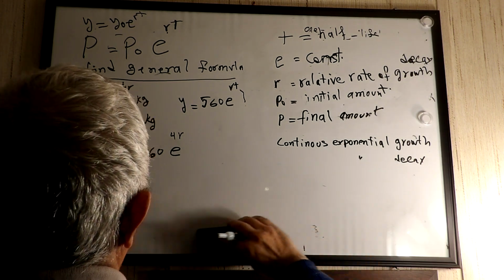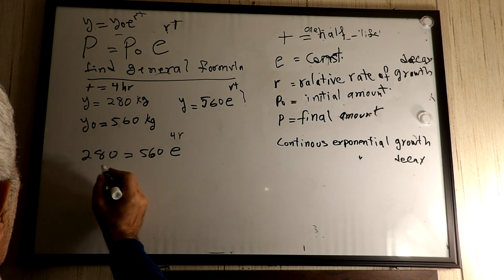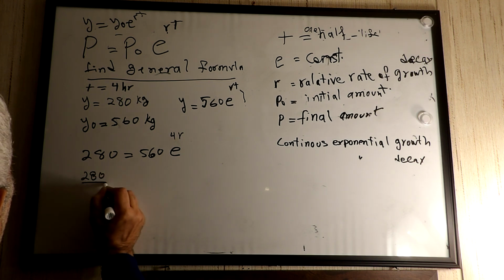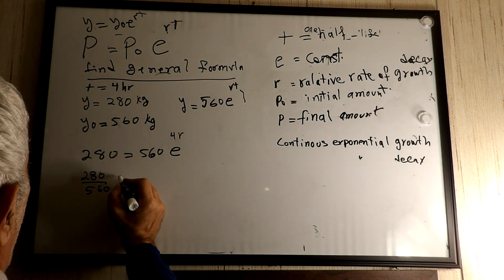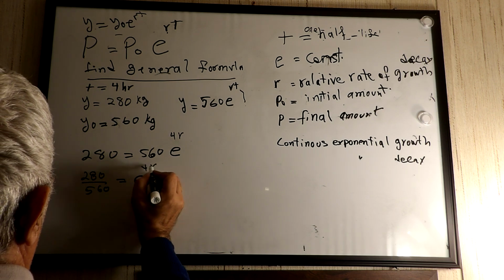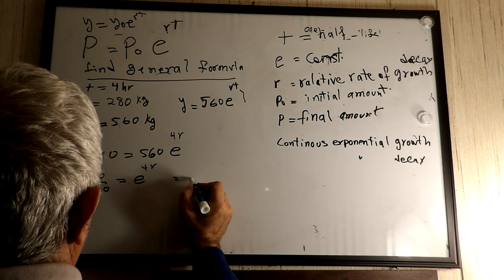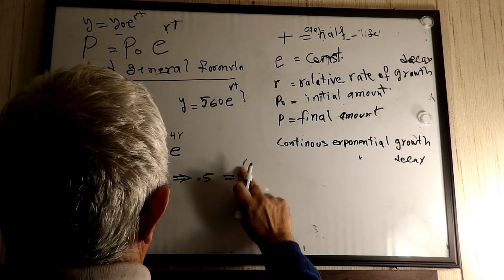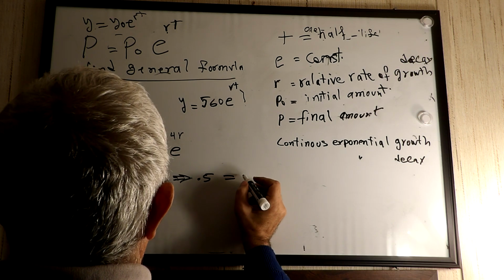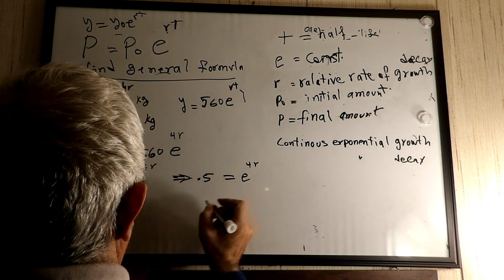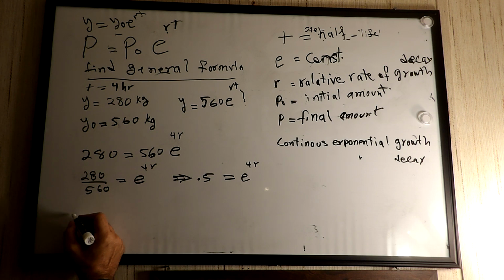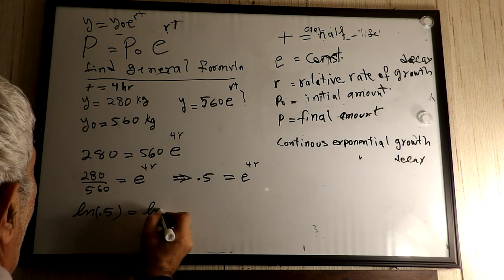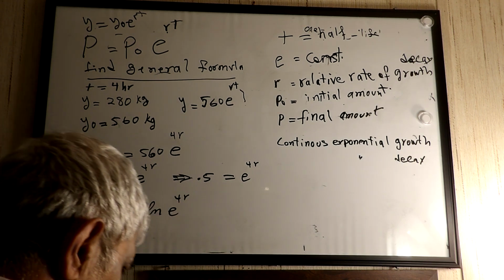Okay, the same thing here. First, divide both sides by 560: 280 divided by 560 is 0.5, equal to e to the power of 4r. And we take the natural log of both sides: ln 0.5 is equal to ln e to the 4r.